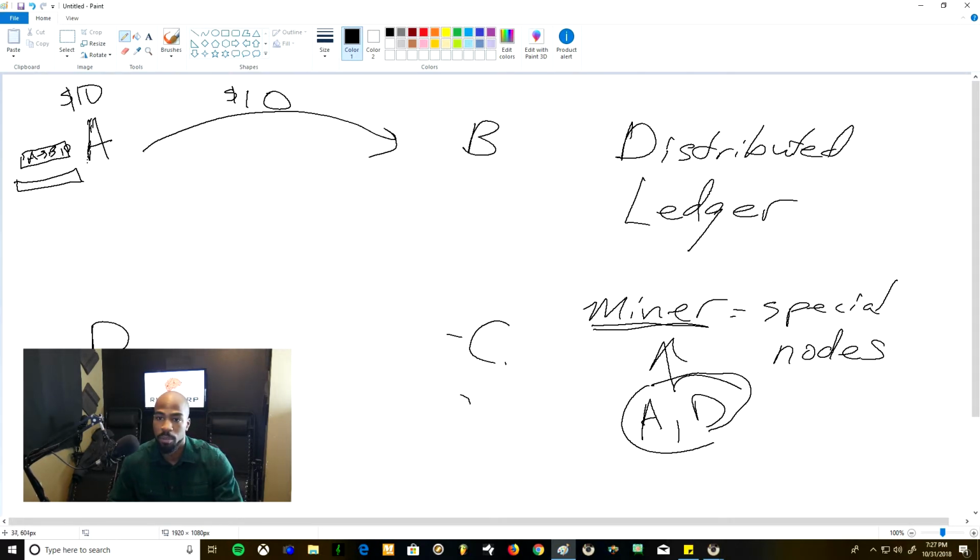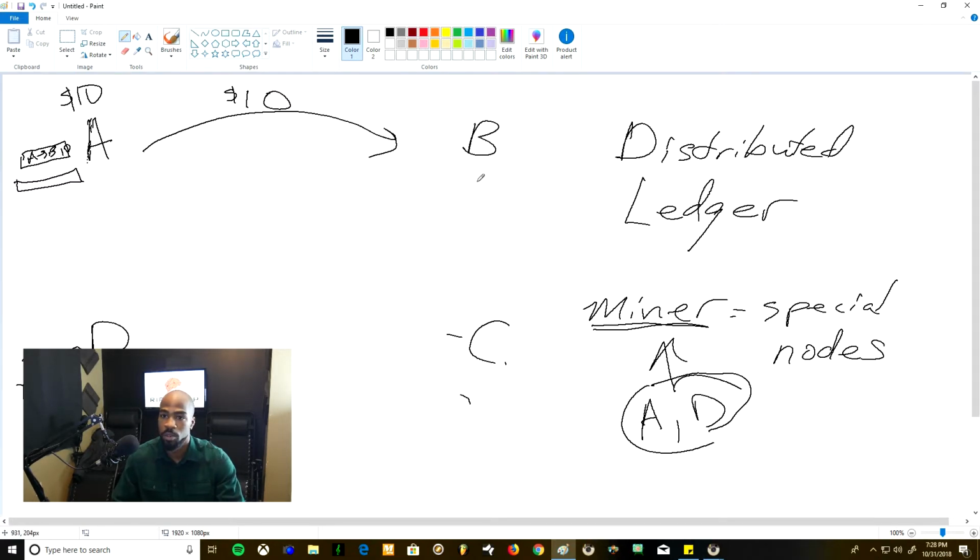So D is the other miner, so let's put it on his blockchain too, that A sent B $10. And we can verify that on the chain, that that's a true transaction.